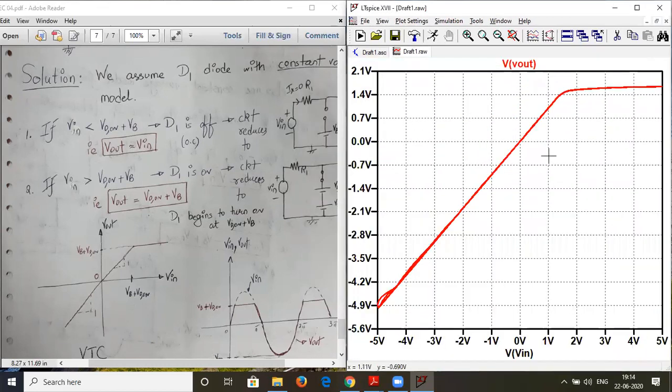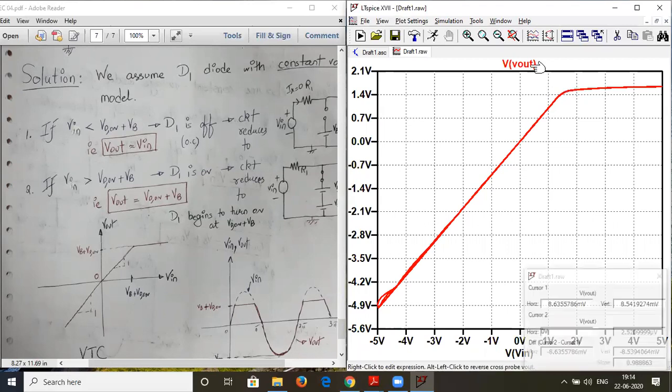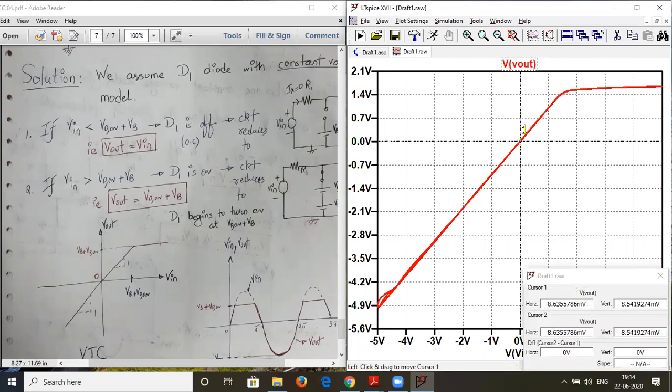As you can see, from zero it is a straight line, as we have earlier seen. The output will follow the input as it is, as long as the input is less than VD on plus VB. So this is my VD on plus VB, around 1.7 volts.